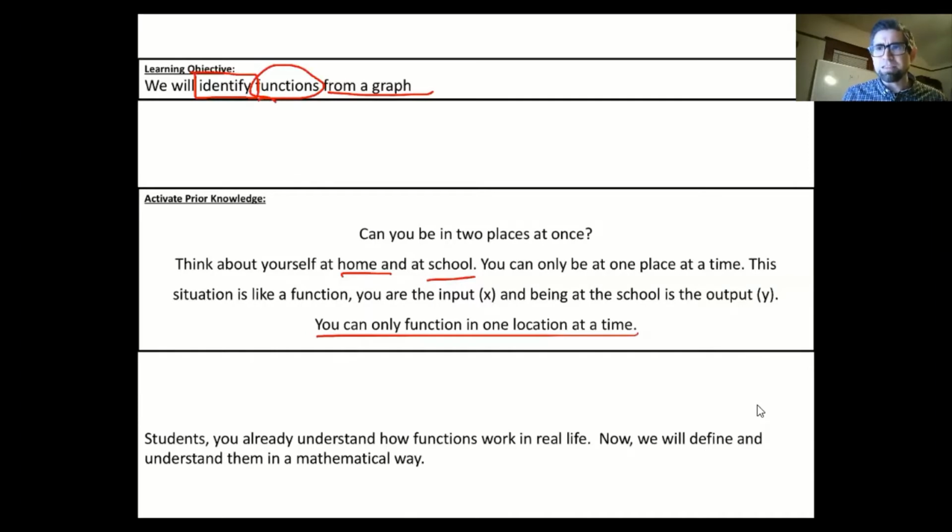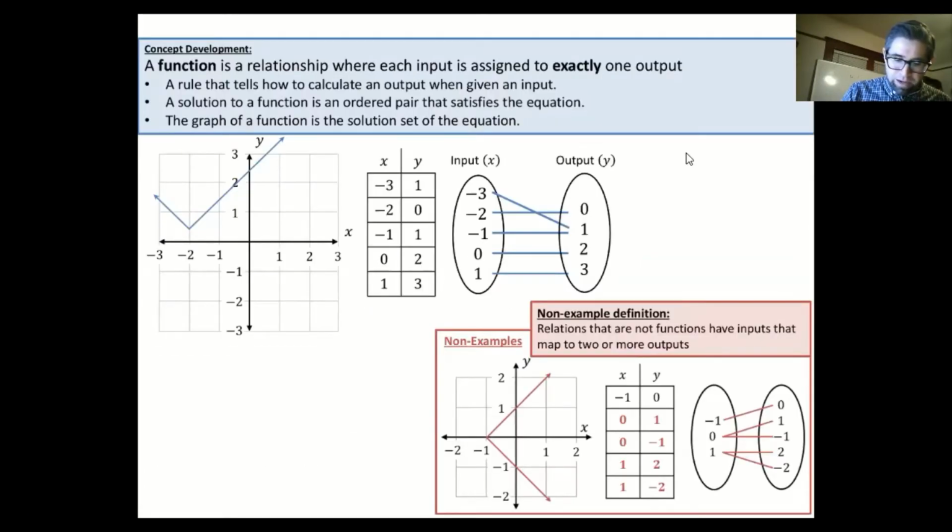So let's look at the mathematical definition of this and then use that to help identify them on the next slides. So let's begin by reading this definition. A function is a relationship. Now, I'm going to stop right there, actually, and let's make sure the word relationship is important here. A relationship in this case is between two different things. So a function is a relationship between two things.